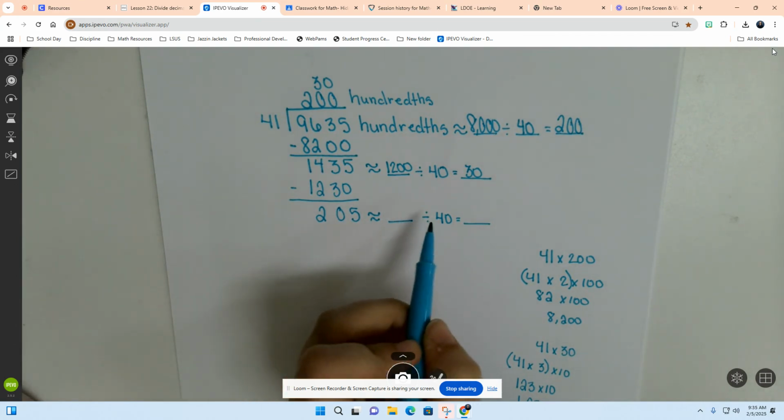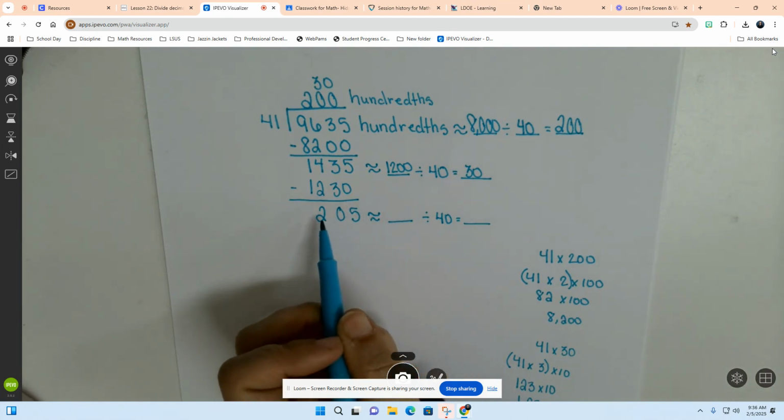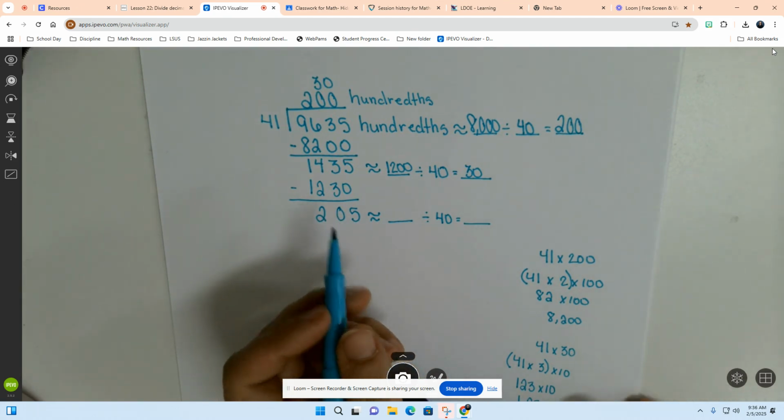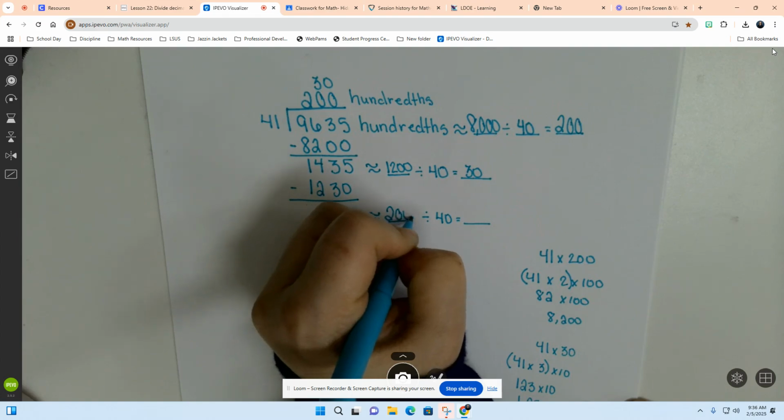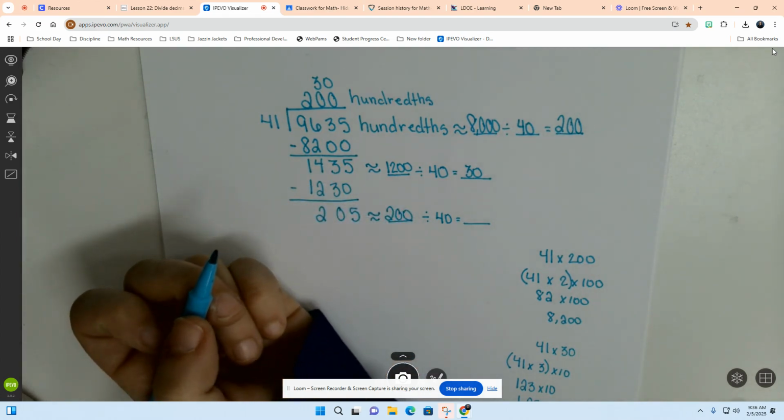I know if I count by fours, 4, 8, 12, 16, 20, I can get really close to there. So I can make this 200 divided by 40.